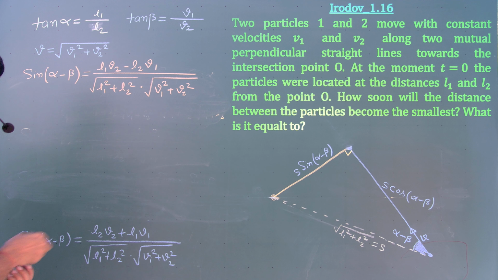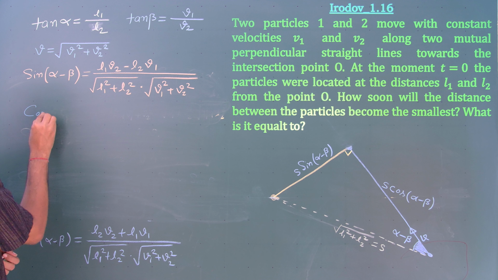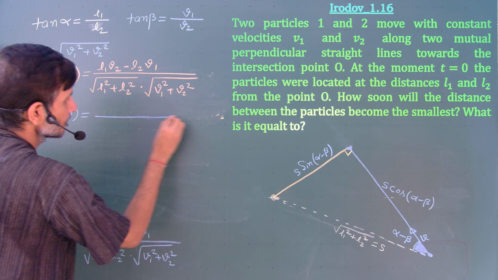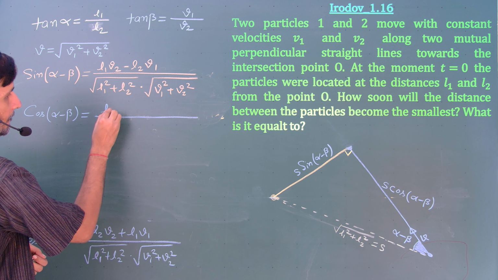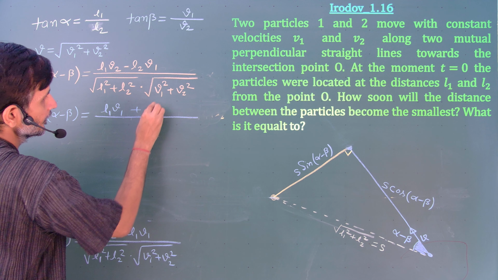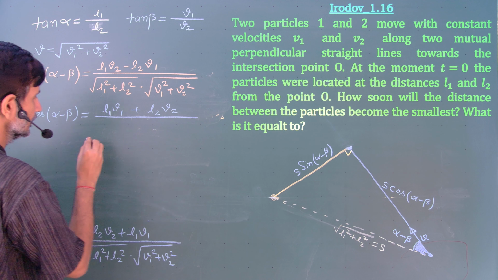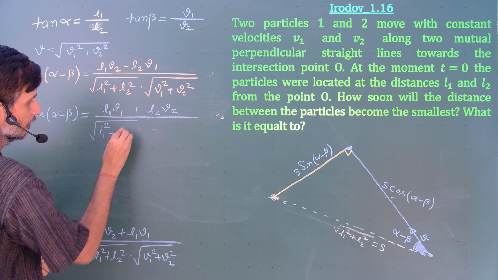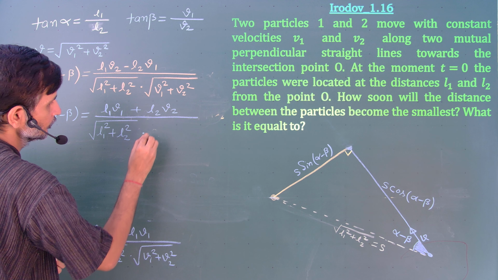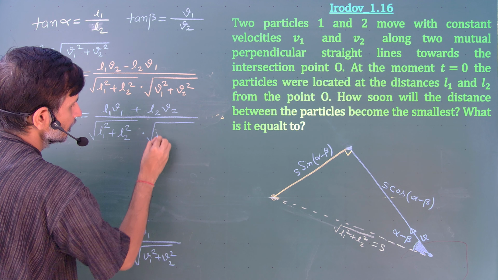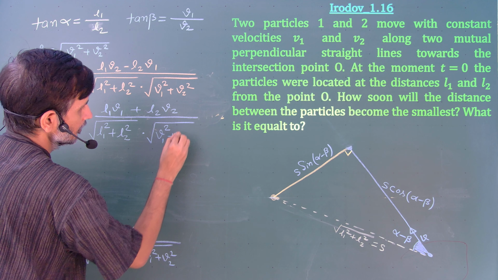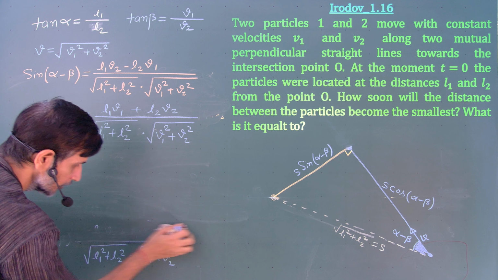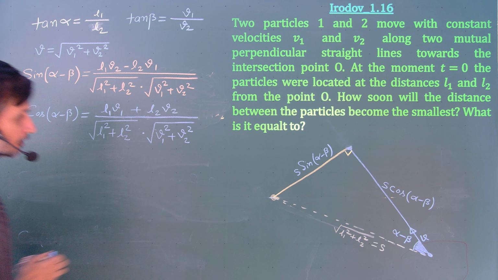So cos alpha minus beta is equal to L1 V1 plus L2 V2 divided by under root L1 square plus L2 square into under root V1 square plus V2 square. So I got both the values, cos alpha minus beta and sin alpha minus beta.